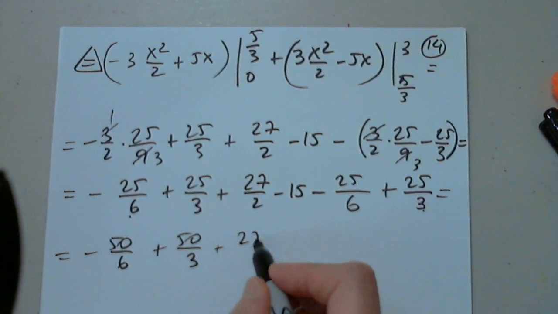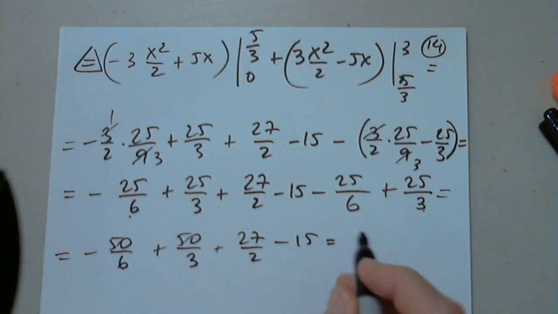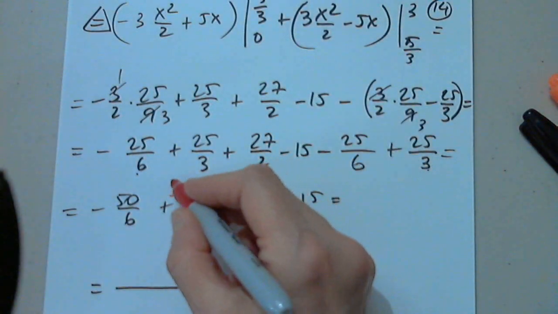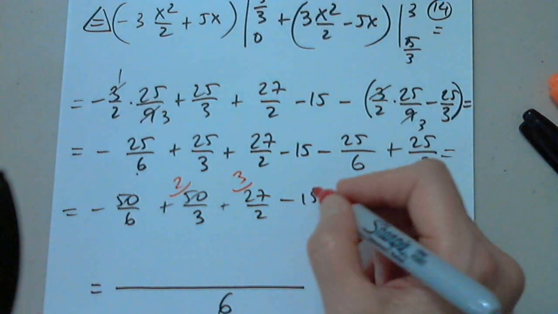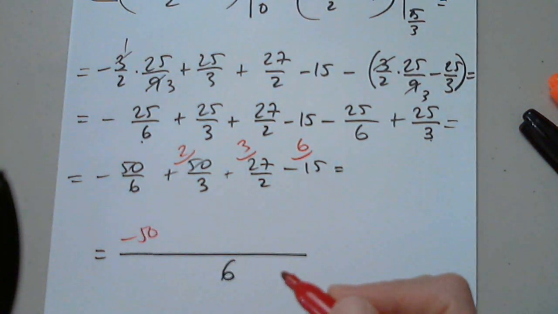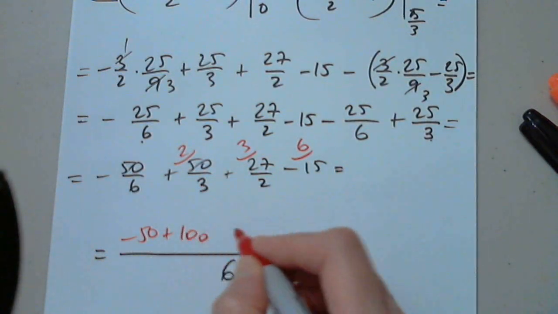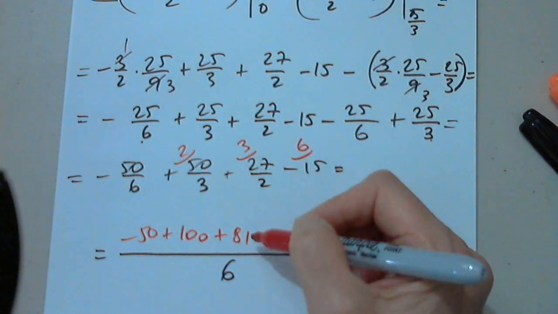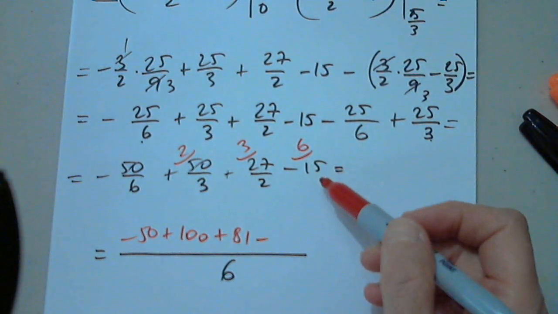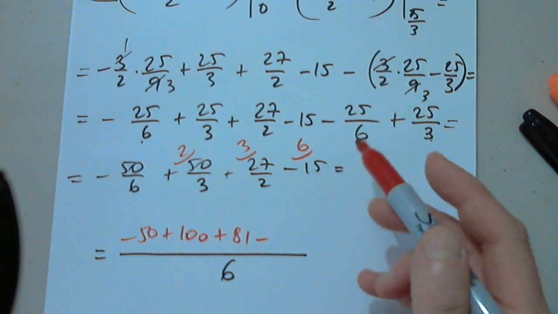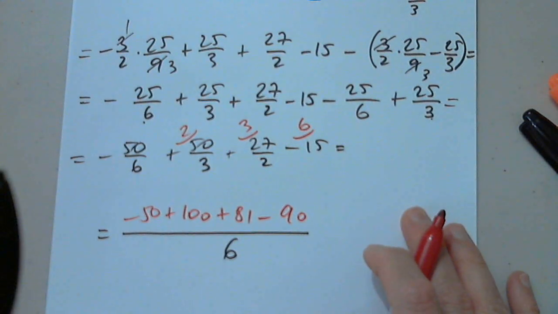And I still have 27/2 minus 15. So the least common denominator is 6. Okay, so this one needs a 2, this one needs a 3, and this one needs a 6. Careful with my numbers. Make sure I don't mess up here. Plus, and I think this is 81. And minus, how much is this? 30 times 3, 90. Yes.